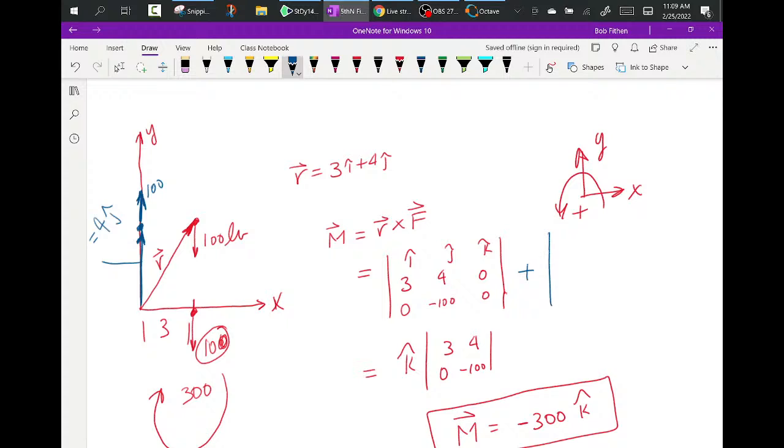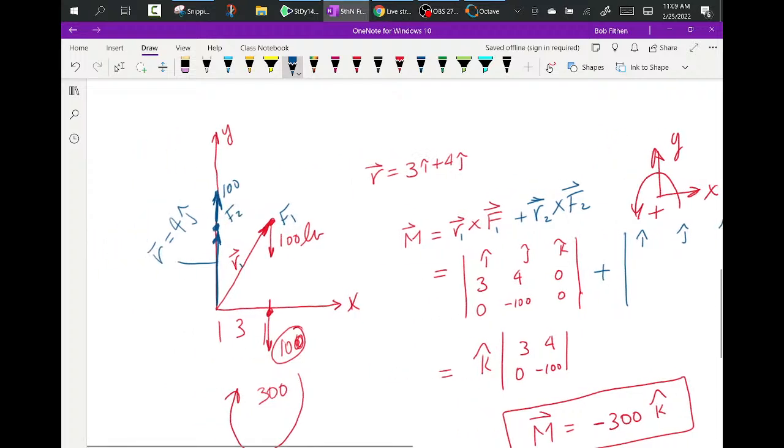Okay, I've got an I, a J, and a K. This time, this is going to be called R1, and I'm going to say R1 cross F1. This is 2. Cross F2. This one will be F1. This will be F2. This is 1. This time, this is 2.